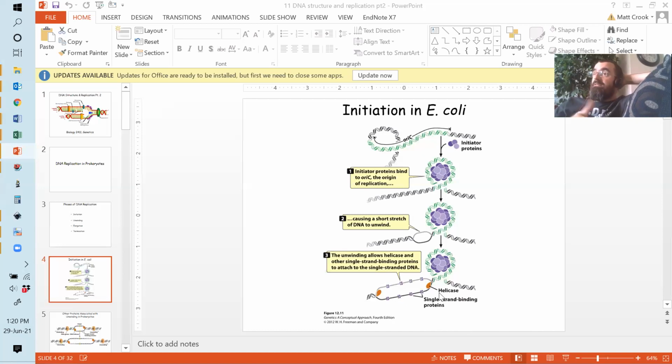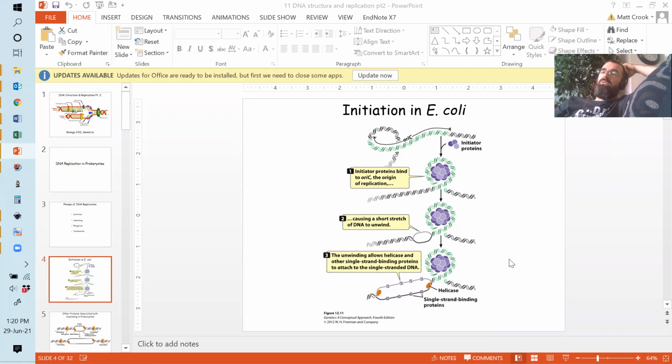These obviously recognize single-stranded DNA, hence the name, and they will bind to that DNA and hold it open. So they're like the wedge holding the door open. They keep that DNA single-stranded so that all the other stuff can assemble and start doing its job. Once DNA starts getting replicated, those proteins don't matter anymore, but they have to be there at the beginning to hold stuff open.